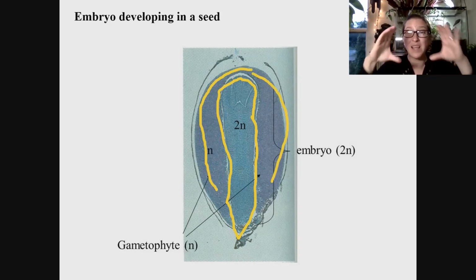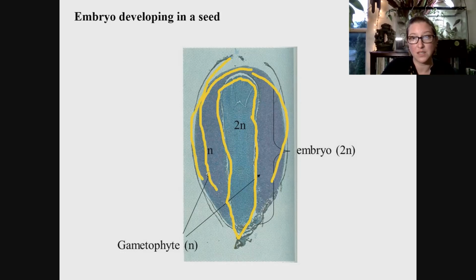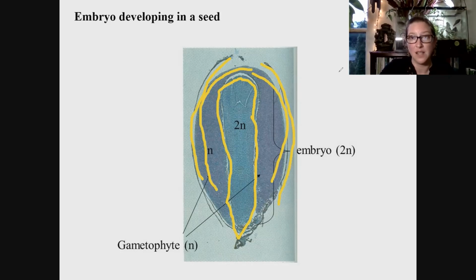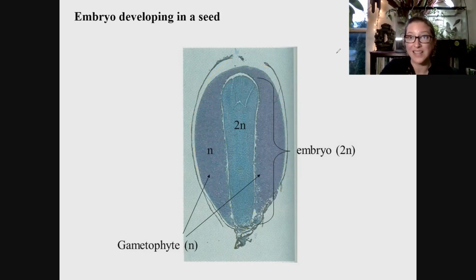And the female gametophyte plant was inside of the megasporangium, which is what this is showing you. And further, that's inside of those integuments. So it's like many, many layers protecting the egg and then ultimately protecting the embryo once the ovule turns into a seed.